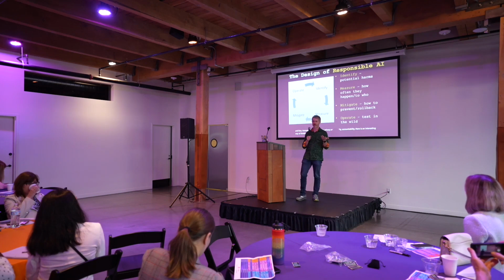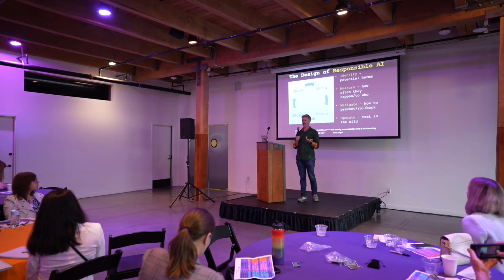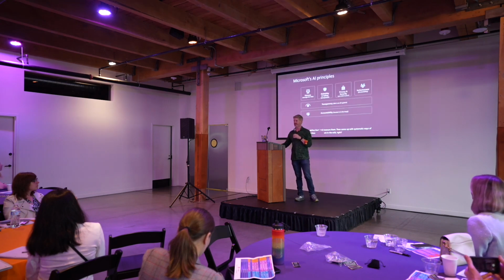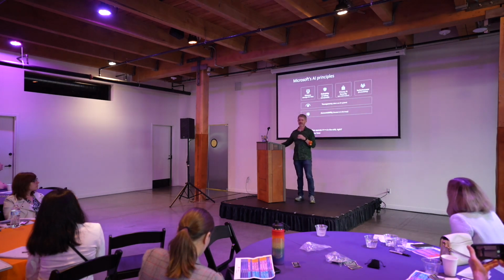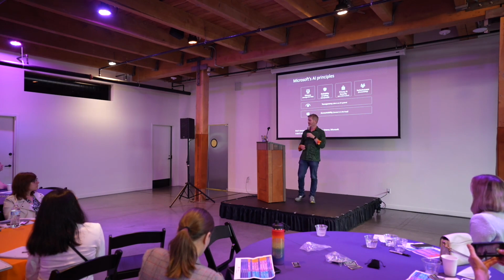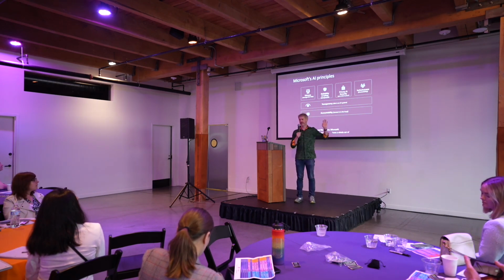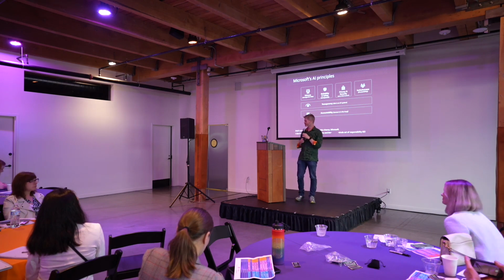First, identify what harms might occur, define them and measure how often they're happening, then come up with systematic ways of mitigating them, and then operate them in the wild, right? And I encourage you, if you have the chance, Microsoft, I don't work there anymore, I used to, has a whole set of responsible AI guidelines where you can learn more.